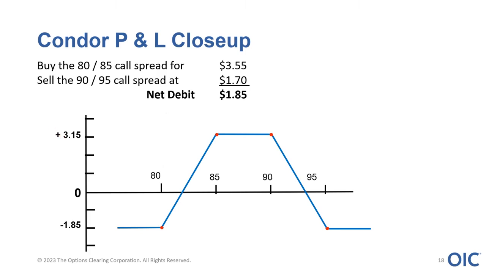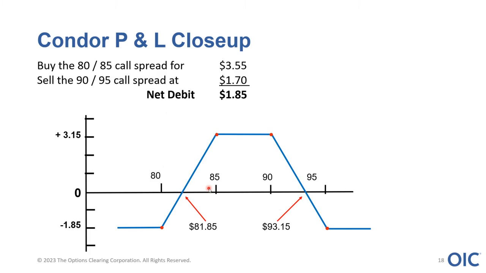Now, this is going to show you those break evens again. $1.85 is the net debit for the entire complex strategy. You add that to the bottom strike and subtract it from the top strike, and that gets you 81.85 and 93.15 for your break evens on this call condor.